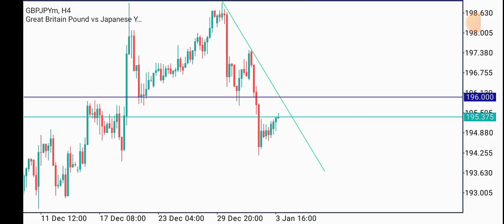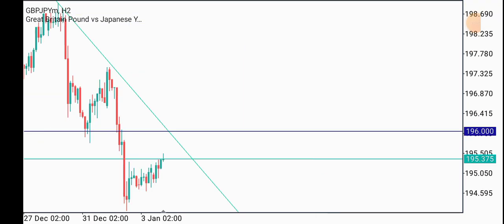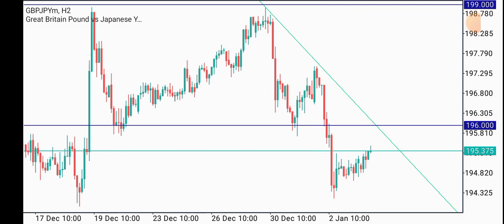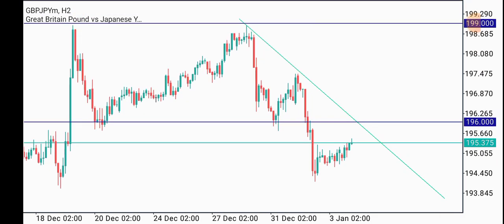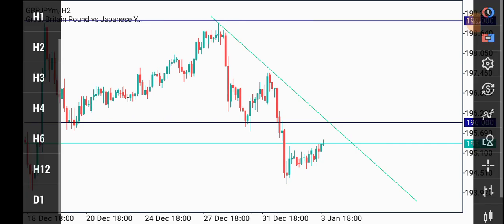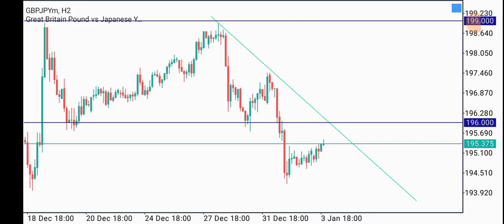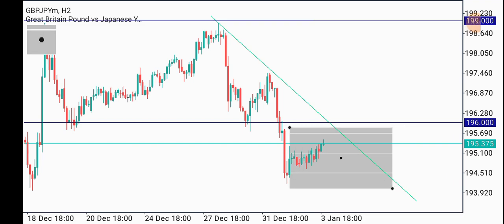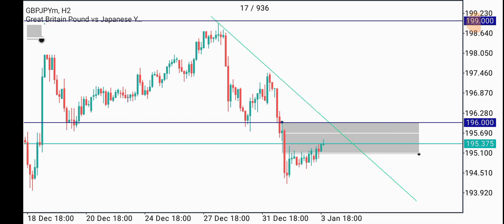Now let's scale down again. If you observe carefully from this time frame, I see a kind of supply zone here. This was the recent supply before the displacement, the aggressive sell-off.